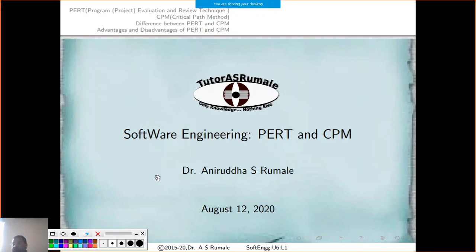So this PERT and CPM are something we need to consider. Now we can consider PERT and CPM in terms of project visualization. Suppose you want to make a cup of tea.